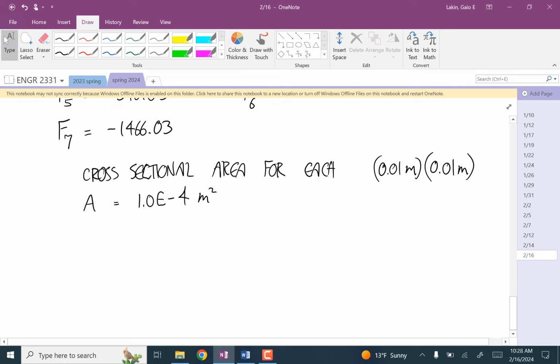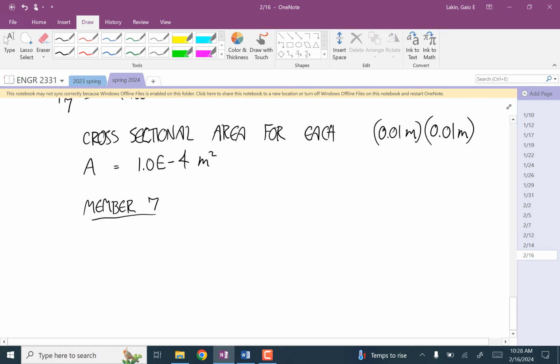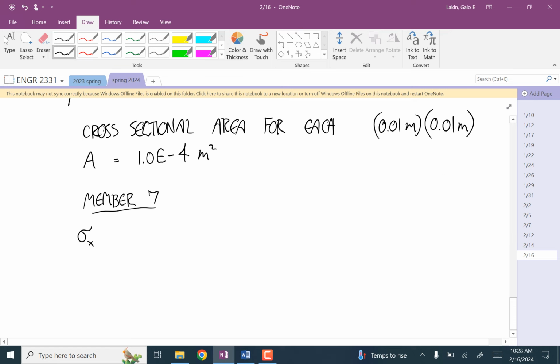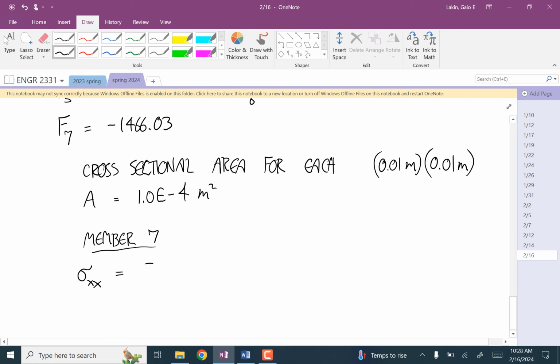So now you can go through, for member 7, F7, the axial stress is negative 1466.03 divided by 1 times 10 to the minus 4.